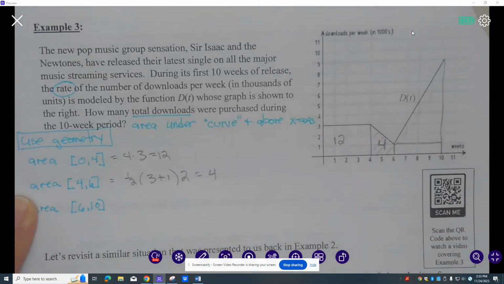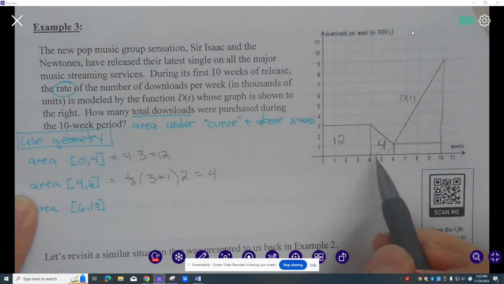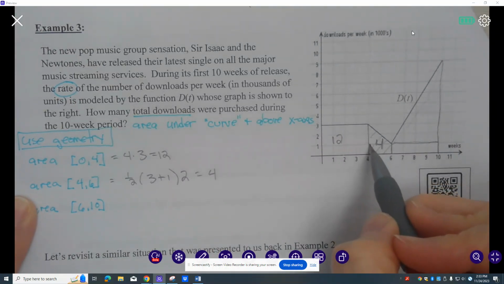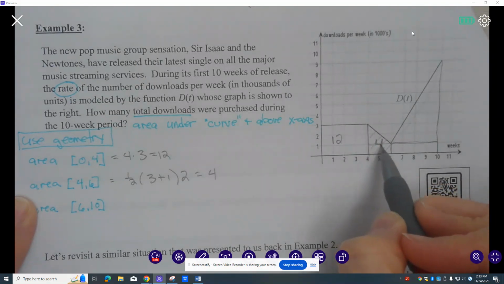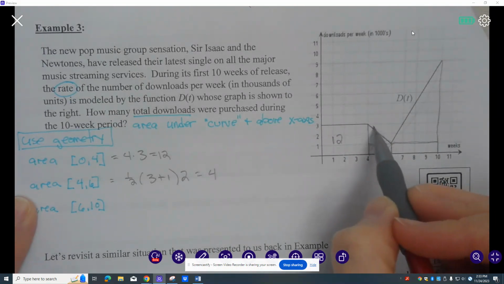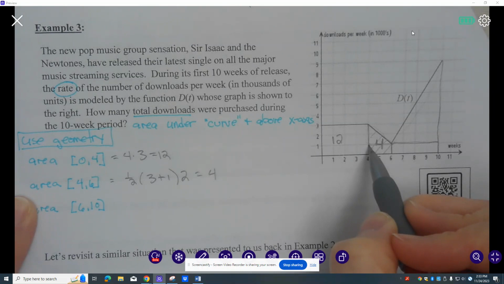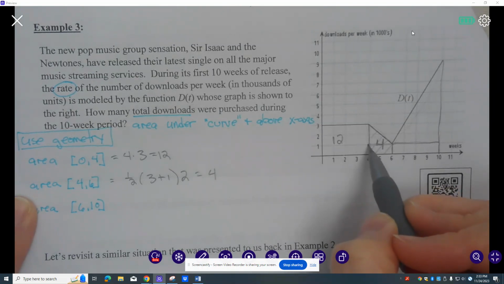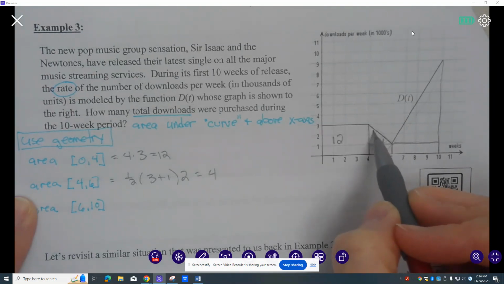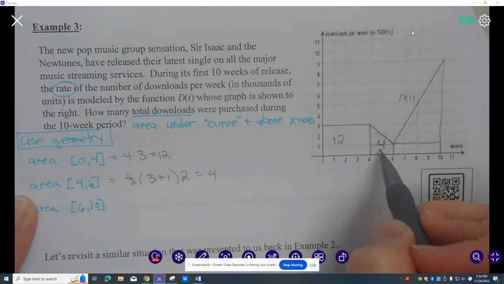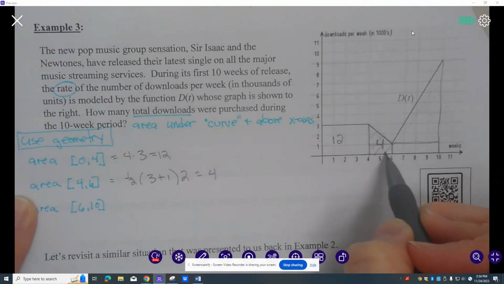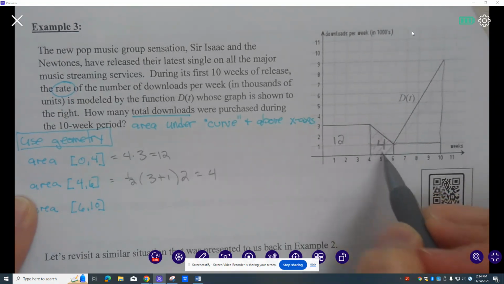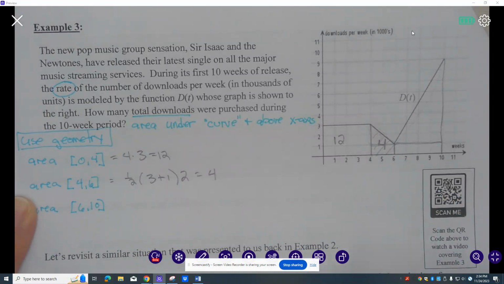If you forget your formula for the area of a trapezoid, you could find the area of this triangle, which is 1/2 base times height. The base is 2, the height is 2, so the triangle's area is 2, and the rectangle's area is 2. When you add those, you get 4.